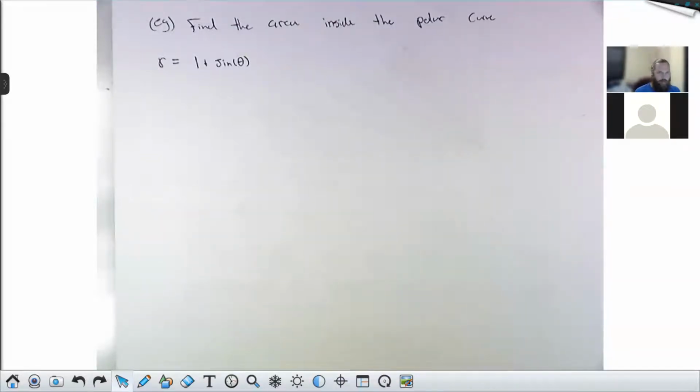By now, you should be able to tell me what this curve is. So what is the shape of this curve, 1 plus sine theta? Anybody know?